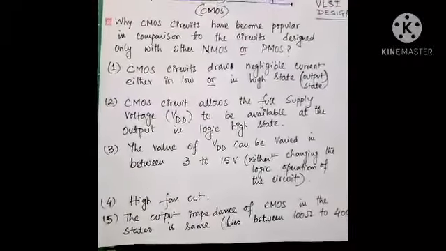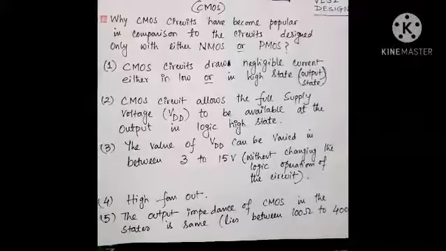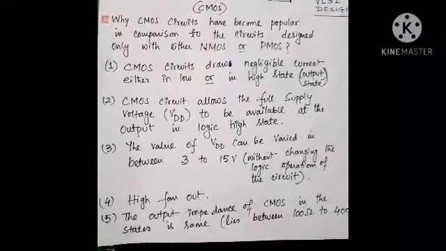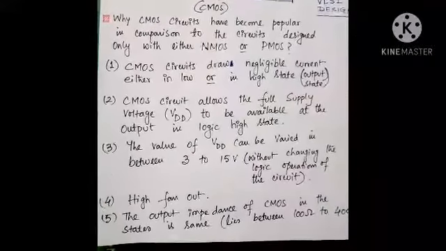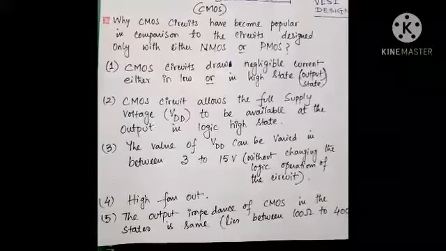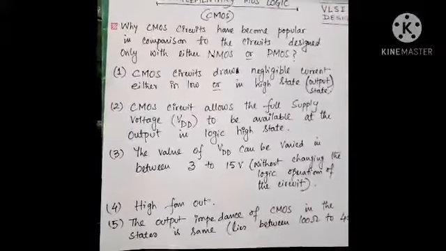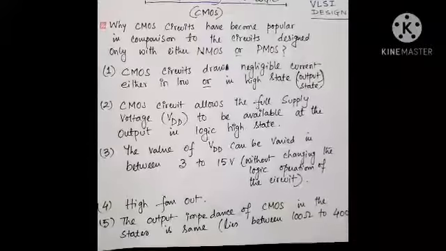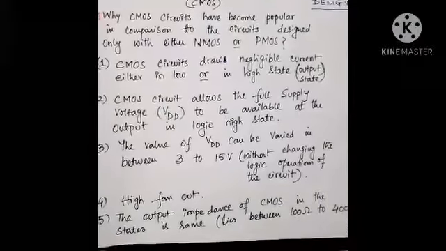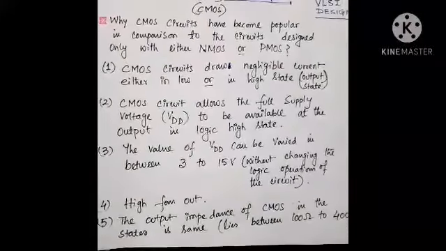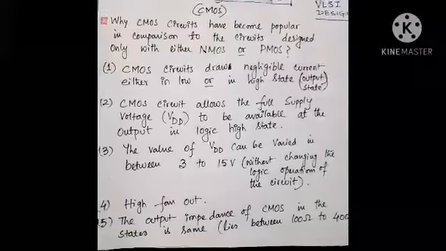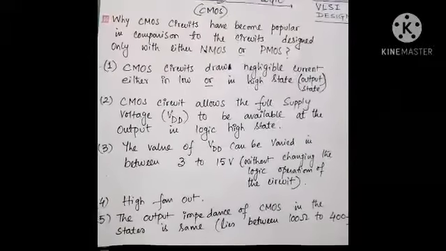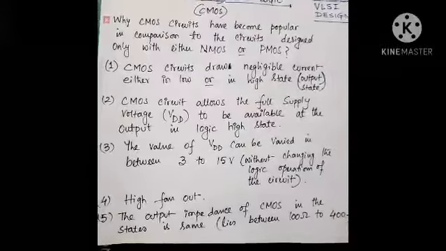Number 3 point, the value of VDD can be varied between 3 to 15 volt. That range is also very important. Here we can change the value of the bias voltage from 3 volt to 15 volt without changing the logic operations of the circuit.